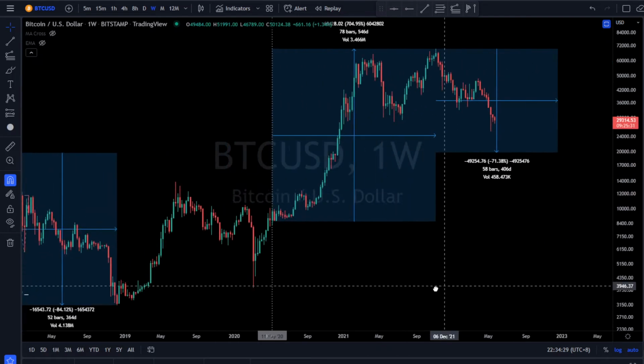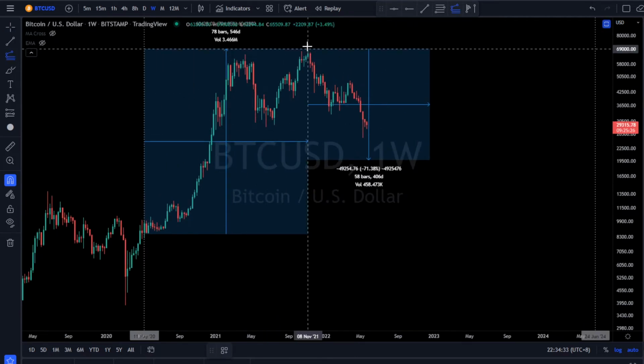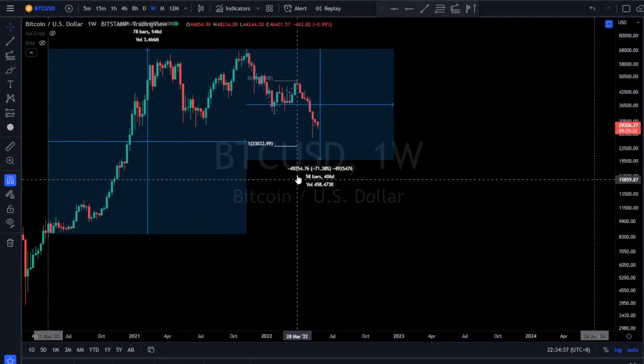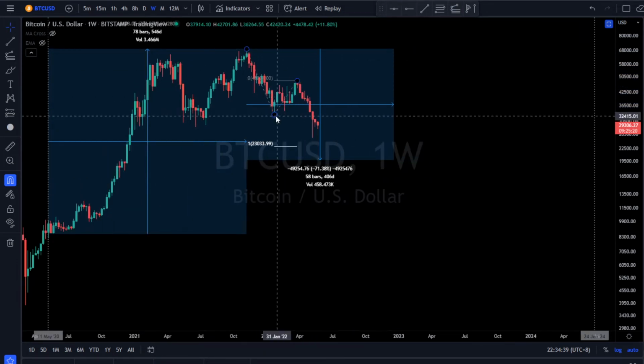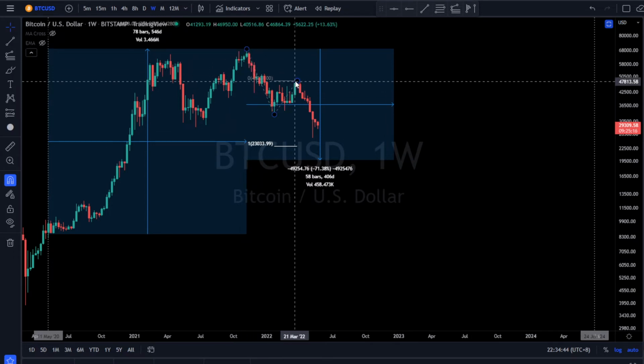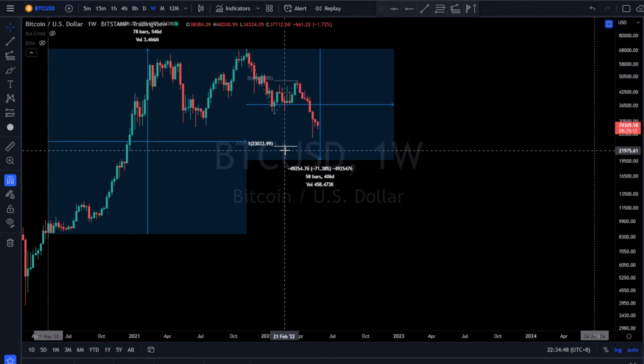So now, if we do the same for the current cycle, we are actually pretty close. Okay, from high to first swing low and then the swing high. So you take this length and extend it out from this swing high here. On the log scale, you get about 23,000.